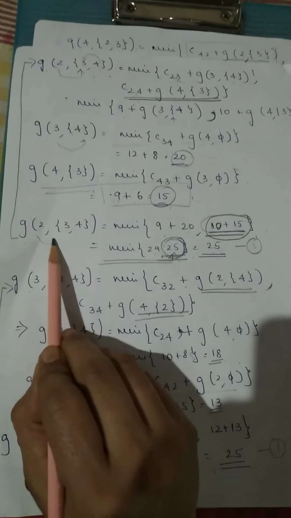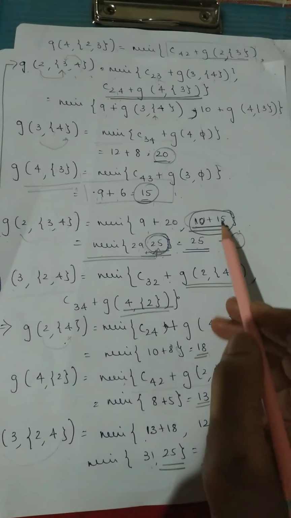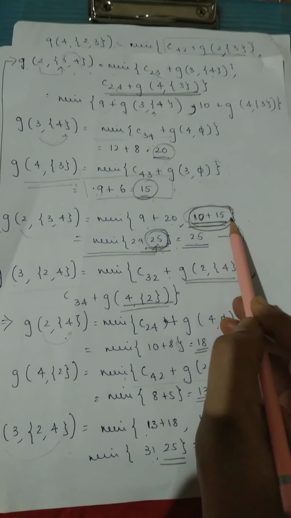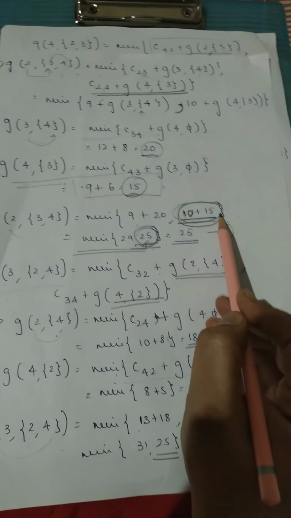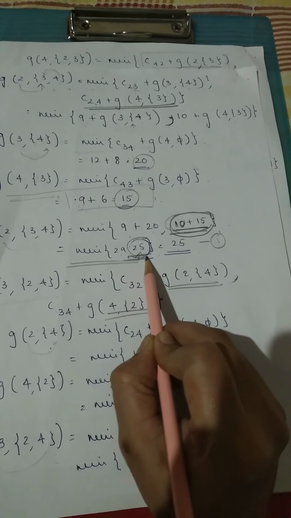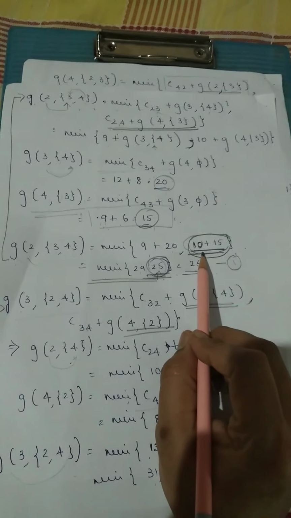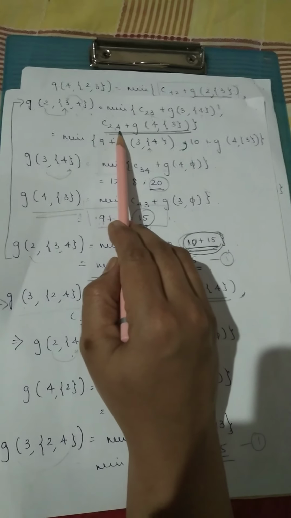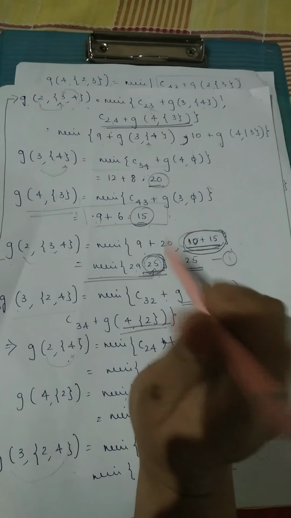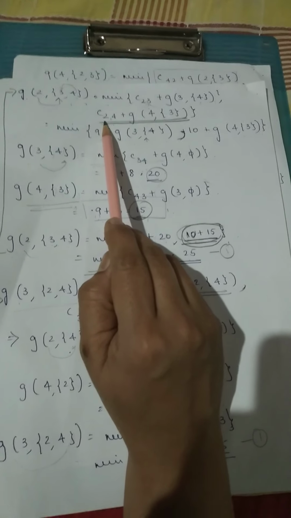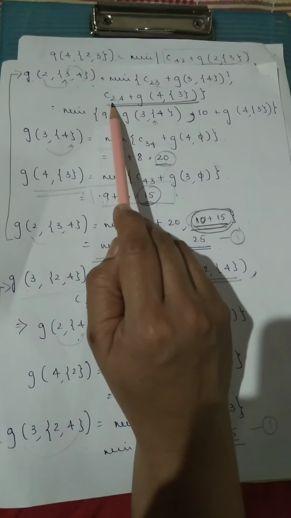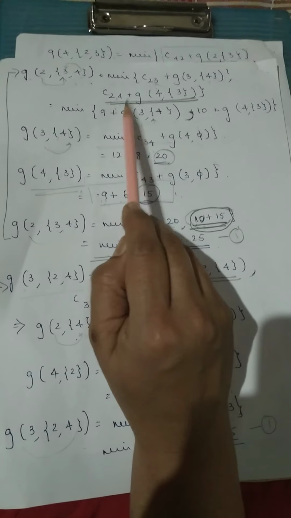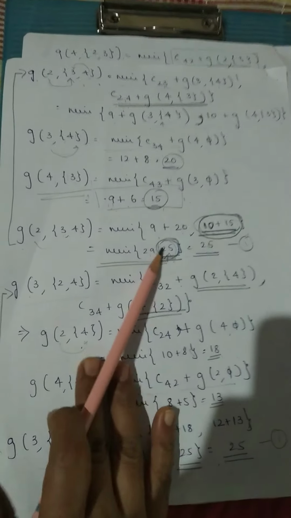See, g of 2 comma 3 4, here minimum is 10 plus 15 we got, that is 25. So from where we got 25, it is from 2 to 4. He'll get minimum cost by traveling from 2 to vertex 4 and then 4 to 3, right?